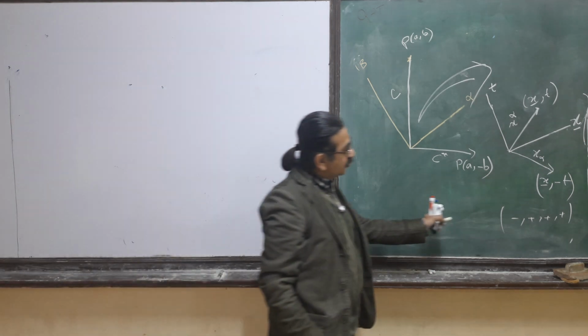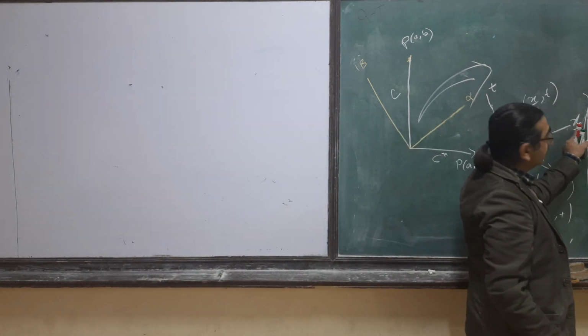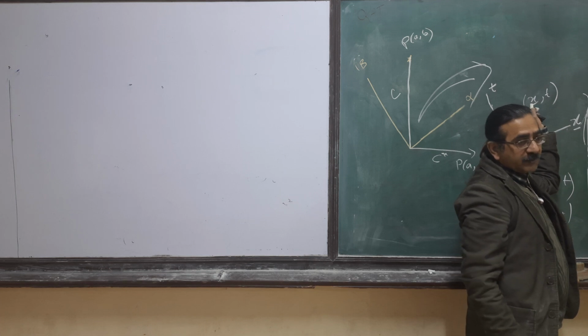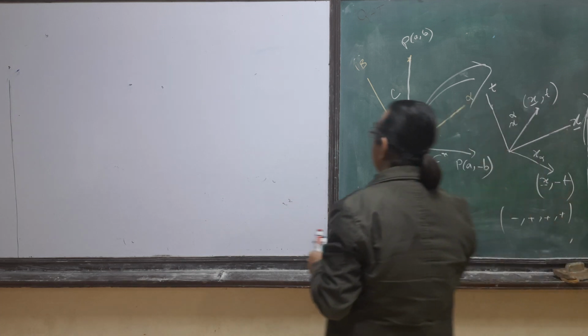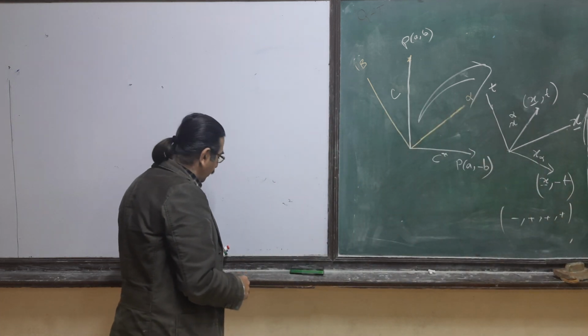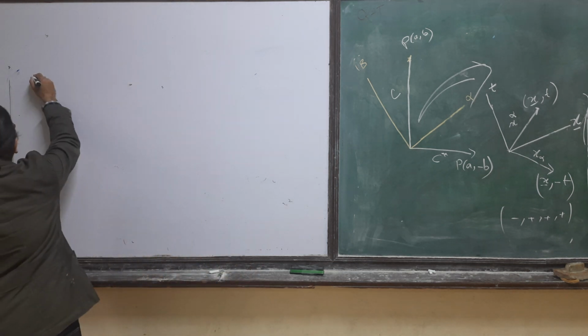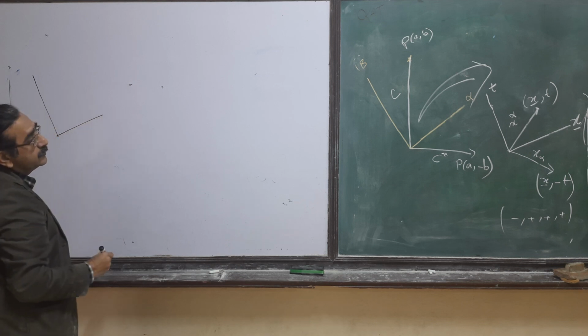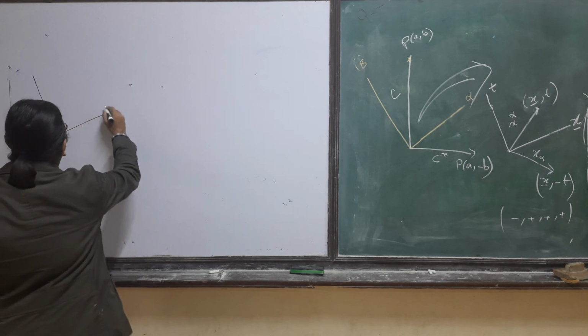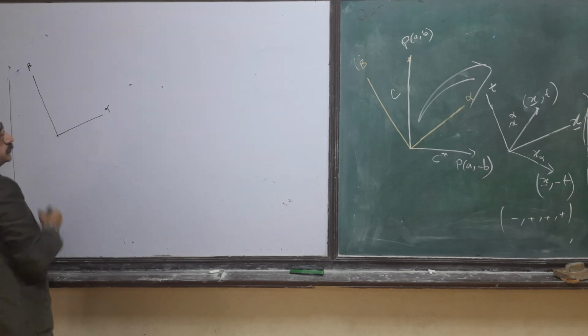But here I have used the signature minus plus plus, meaning this is along the real axis and this is along the imaginary axis. But actually we mostly use a different signature. We use alpha and beta.